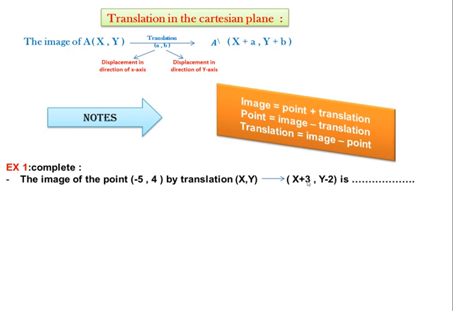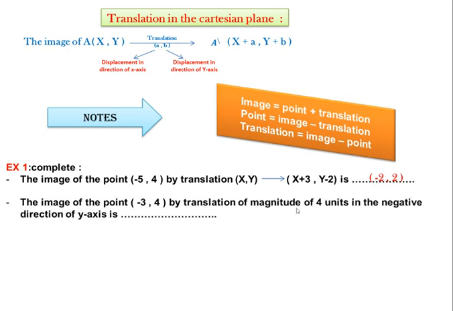To get the image, we add: -5 plus 3 equals -2, and 4 plus -2, or 4 minus 2, equals 2. Then the image of the point (-5, 4) by the translation x plus 3 and y minus 2 will be (-2, 2).